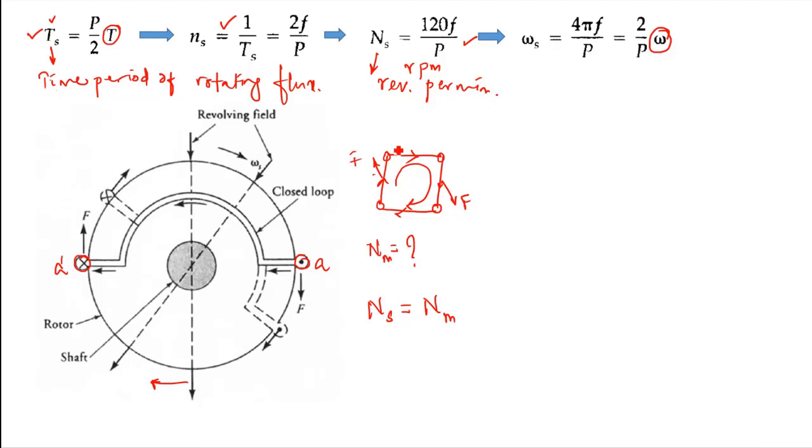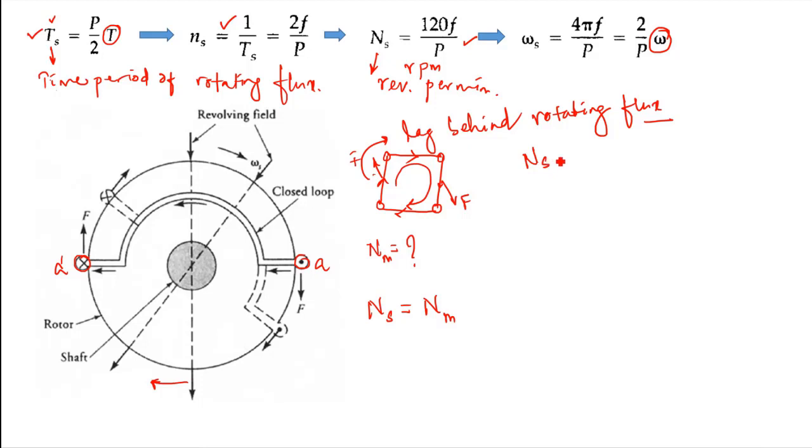That means this coil will rotate in such a way that it will always lag behind the rotating flux. It will never achieve the speed of rotating flux. It will lag a little bit, not far, right?